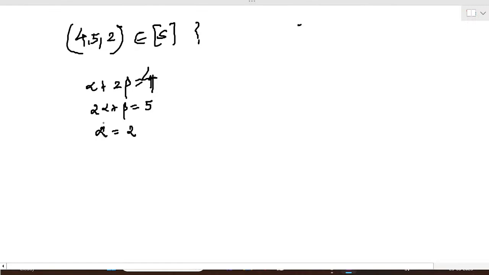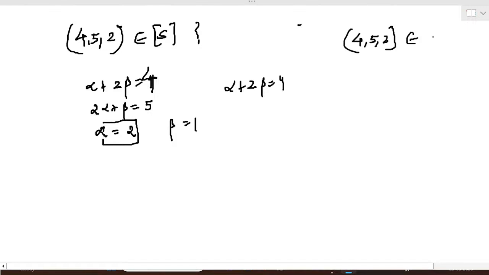Simply alpha should be equal to 2. If alpha is 2, then beta would be equal to 1, and if beta is 1, then clearly you can see that alpha plus 2 beta is equal to 4. So we can say that (4, 5, 2) indeed belongs to the linear span of S. I hope it is clear.